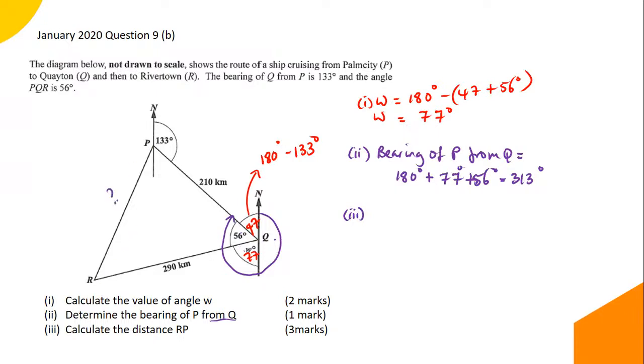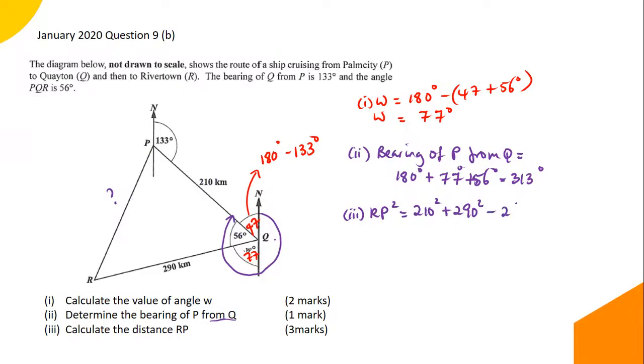Now for the last part of the question, part 3, calculate the distance RP. We want to get this distance here. Well, we know we're going to use the cosine, right? So RP squared is equal to 210 squared plus 290 squared. This is the side we want to find, so we use the other two sides, and the angle between is usually opposite to the side that we want to find, okay?